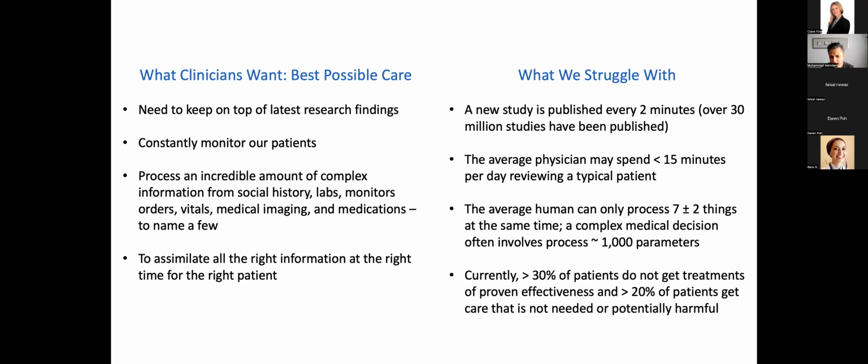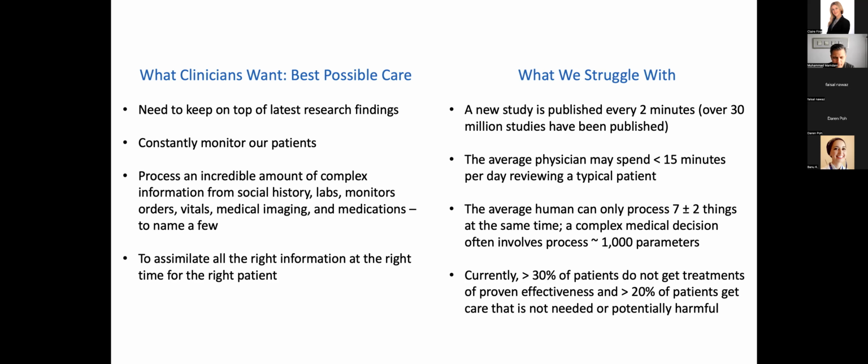The problem is Miller from the 1950s, who's a famous psychologist, concluded that the average human can only process 7 plus or minus 2 things at the same time. 7. It's not a lot. And we know that a complex medical decision nowadays often involves processing about 1,000 different parameters. So of course we're going to struggle.